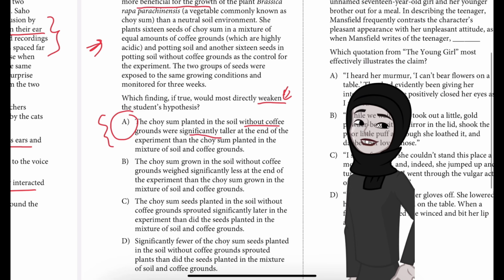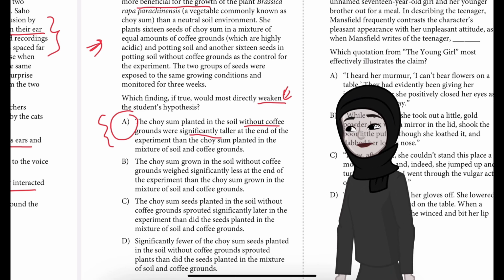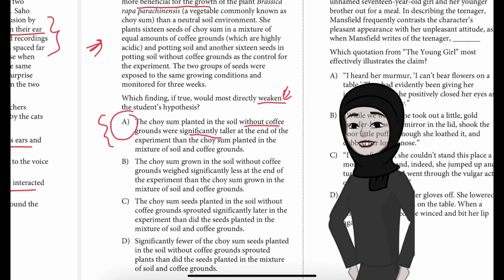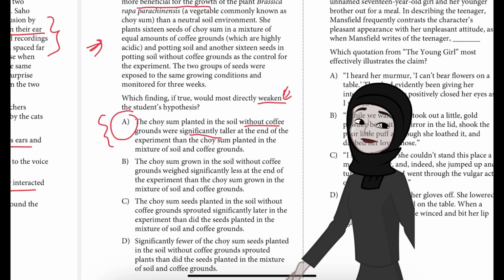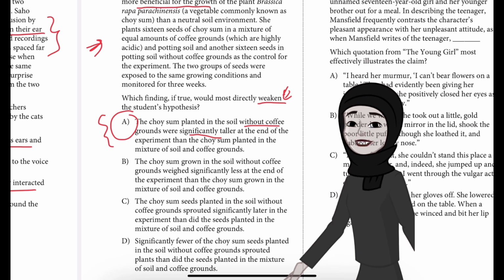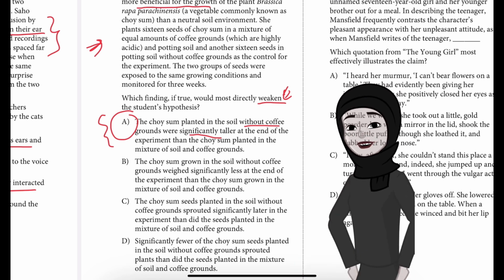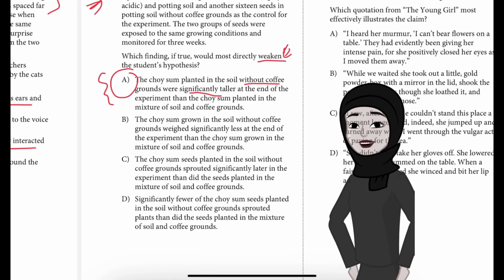However, choice A proposes a scenario in which the plants in soil without coffee grounds were significantly taller than those in the more acidic mixture. So that is an outcome that will weaken the hypothesis that higher acidity is beneficial to the plant's growth.